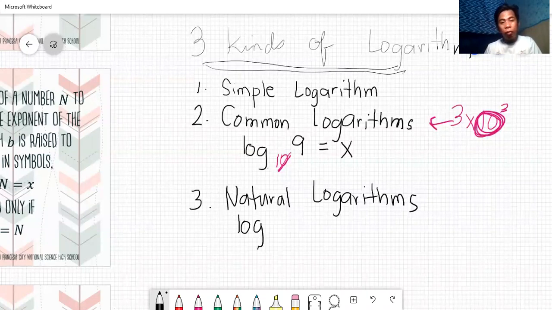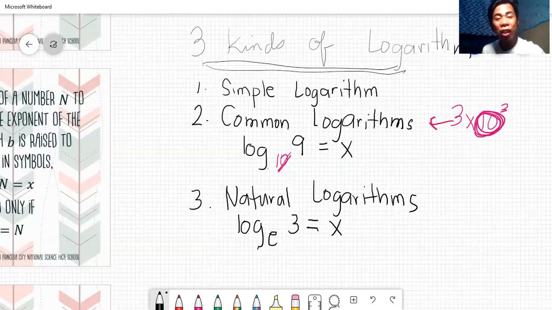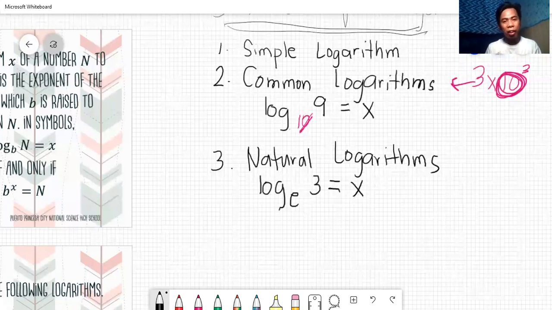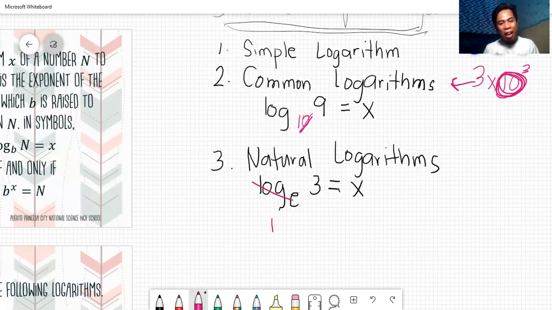So if we have logarithm of 3 with the base e equal to x, the logarithm with base e here is a natural logarithm. Just like with tens, we don't write the logarithm with the base e. Instead, we rewrite that as ln of 3 is equal to x in exchange for the logarithm with the base e.